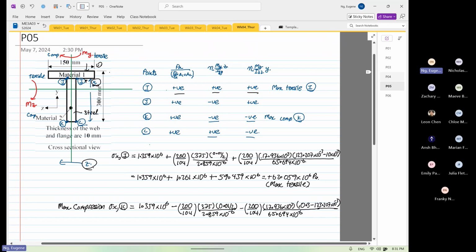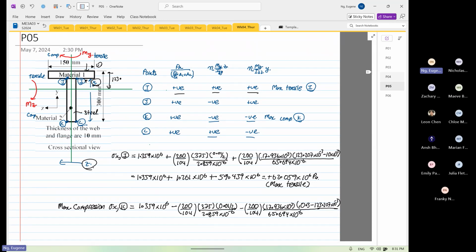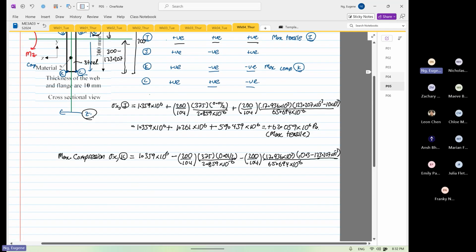Because we know that this is our 123.207, and then the overall height is 300. So this distance from here is 300 minus 123.207. That's why. So from here, the first value is still the same.